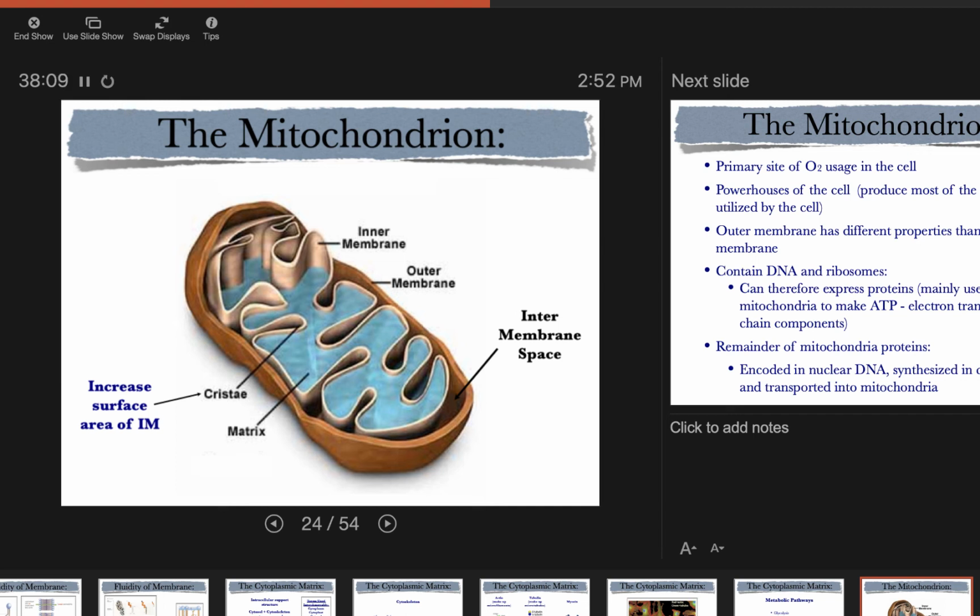Inner membrane, non-porous. Very stringent per the passage of molecules. Nothing goes through that inner membrane that shouldn't. If it does, the mitochondria is destroyed.